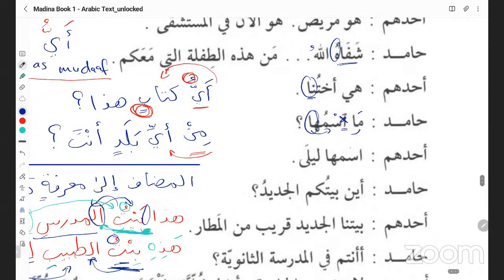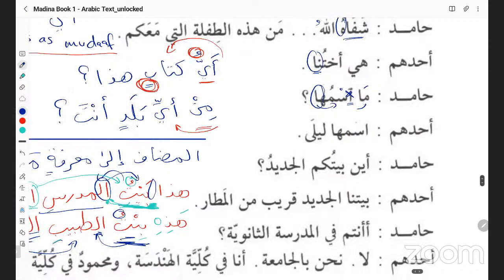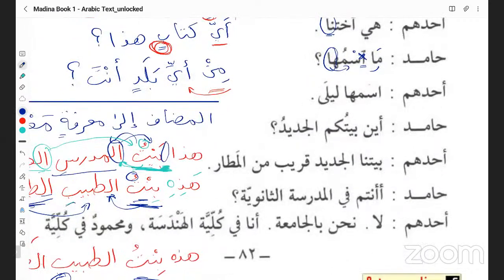Hamidun. Aina baytukum al-jadid. Here we see it again. What we spoke about, mudaf ila ma'rifa. So أين بيتكم الجديد? Where بيتكم? So we know that kum, it is a ضمير. We see all ضمائر are definite. They are معرفة. So we are going to give a description to bait.